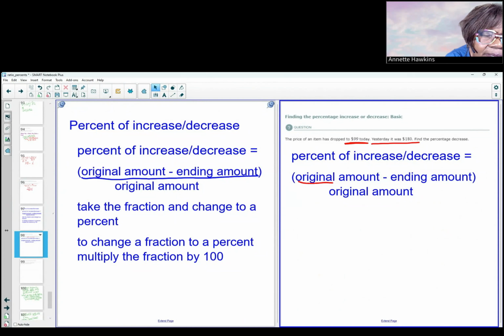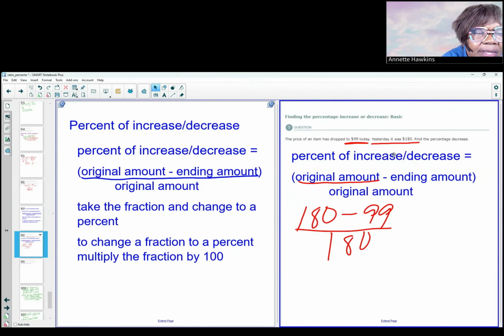The original amount was 180 and now it is $99 over the original amount, which was 180. So let's stop. The price of an item has dropped to $99 today. So this is ending. All right. Yesterday it was 180. This was the original.